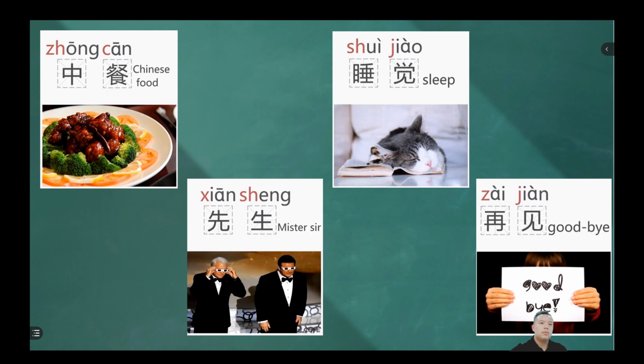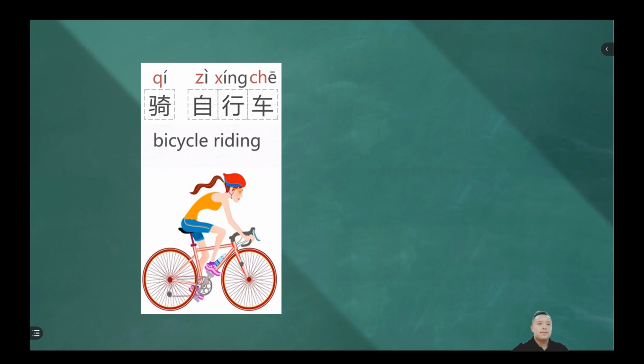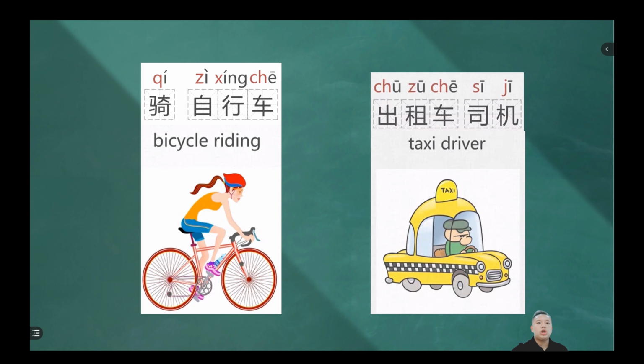Now, more words to practice. 中餐 Chinese food. 先生 Mr. 睡觉 sleep. 再见 goodbye. 骑自行车 bicycle riding. 出租车司机 taxi driver.